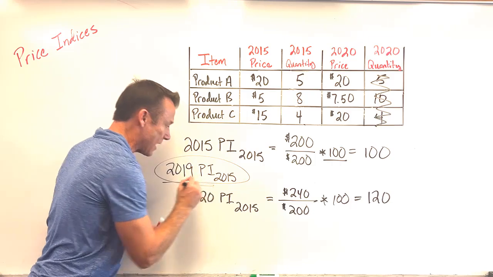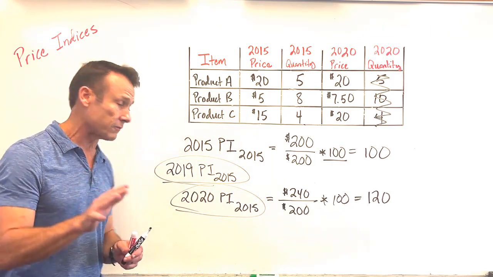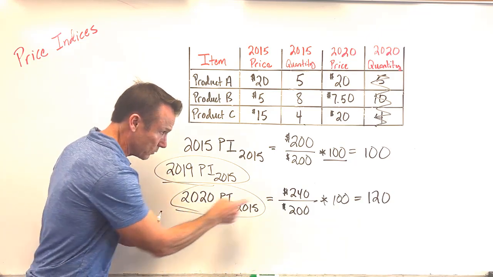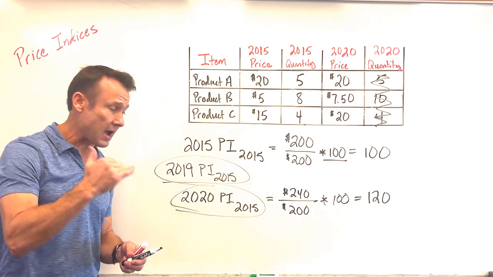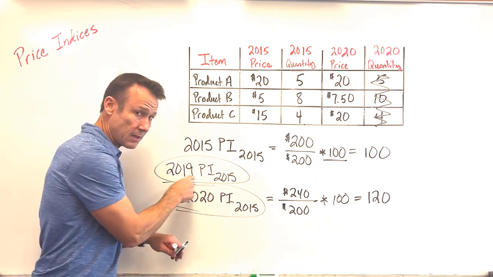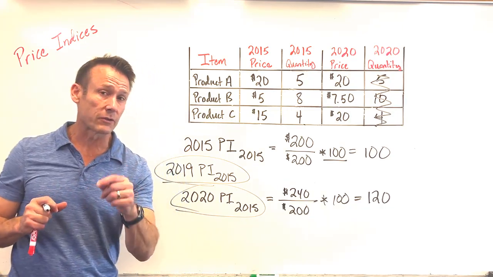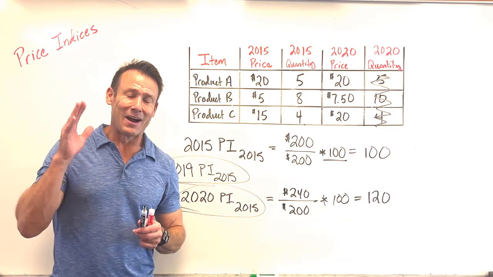If we knew that number, we could calculate the inflation rate from 2019 to 2020. And again, what would we do? We would take this number, which is 120, subtract whatever this number was, and then divide again by that number, okay? New minus old over old. That's how you find the inflation rate. If you want to find the inflation rate, how many price indexes do you need? 2. Anyhow, I hope that makes sense to you.